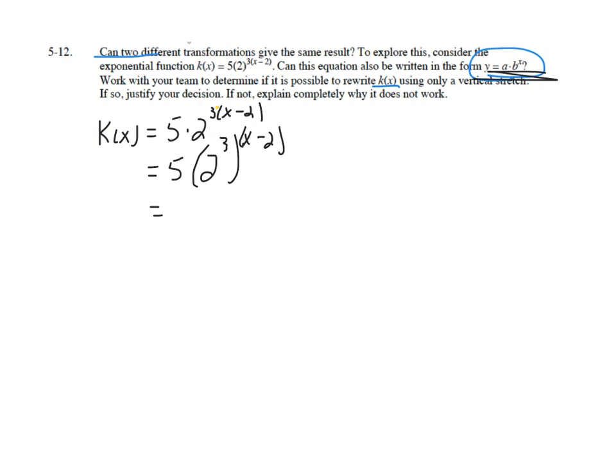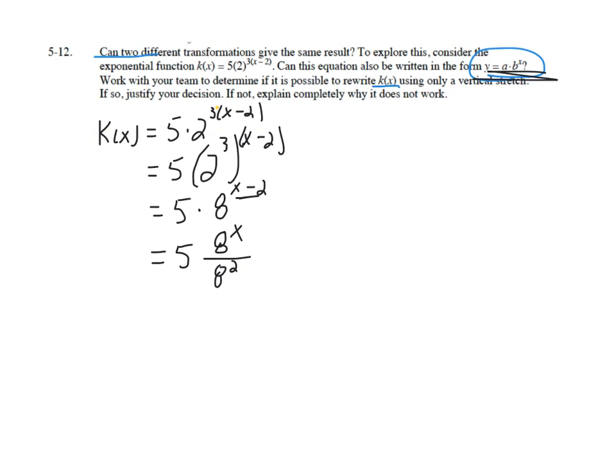Well, 2 to the third is 8. So now I have 5 times 8 raised to the x minus 2. I have subtraction in my exponent. If you go back a slide, subtracting 2 terms in your exponent really becomes the same as taking 8 to the x over 8 squared.